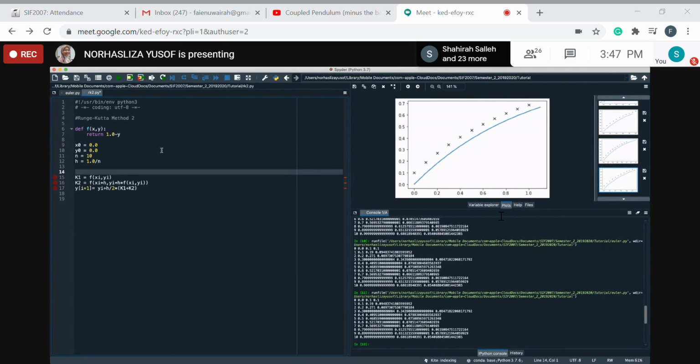Then again, we are going to write in range of 0 until n, for example. We're going to test it first, and obviously everything should go here.